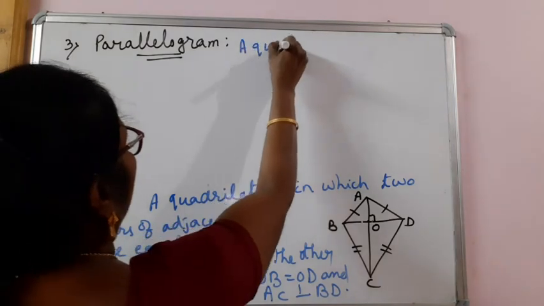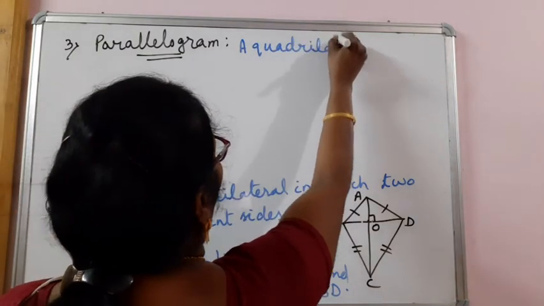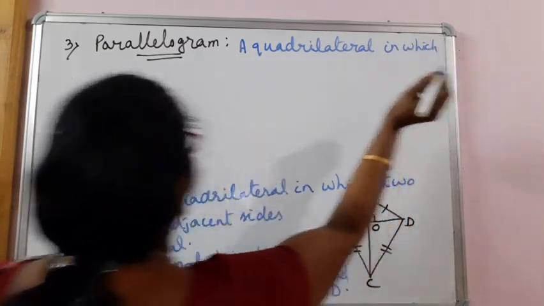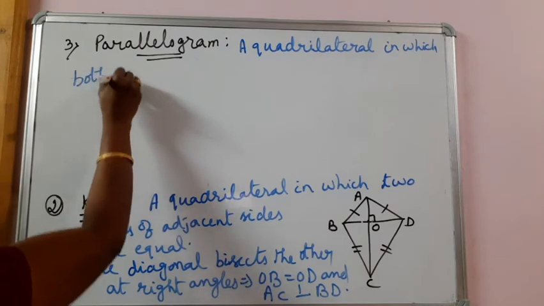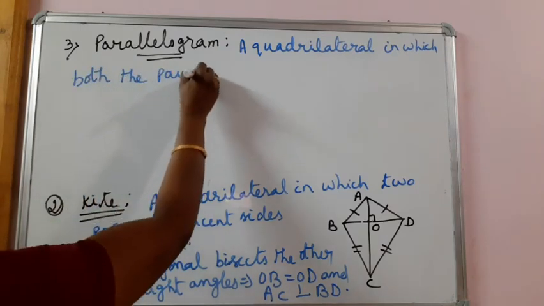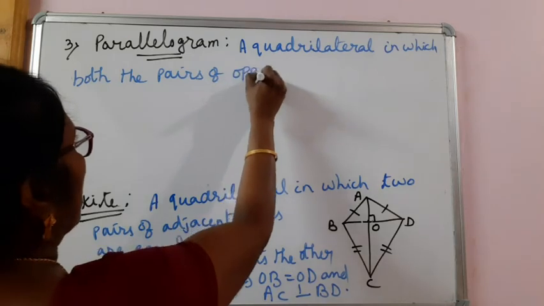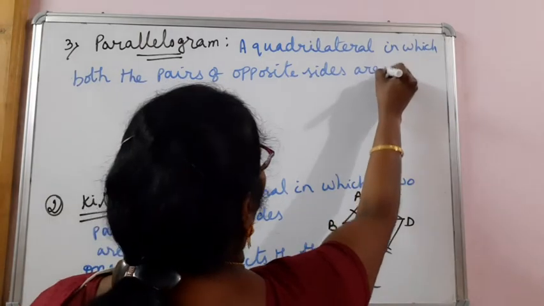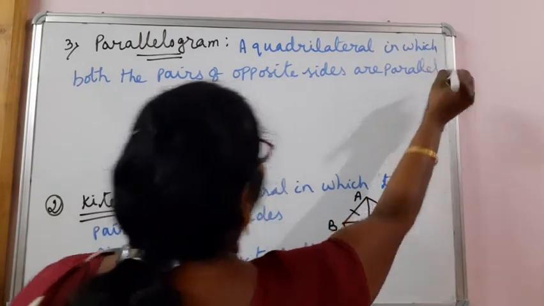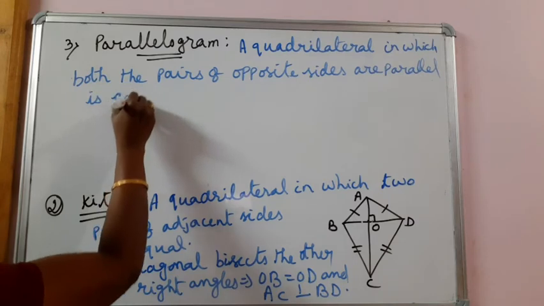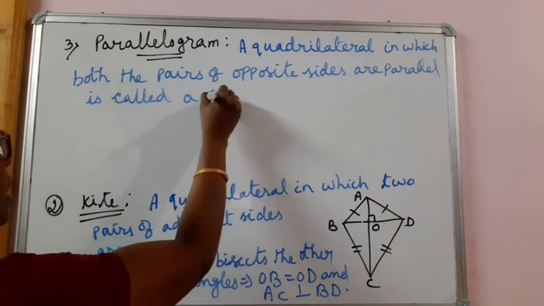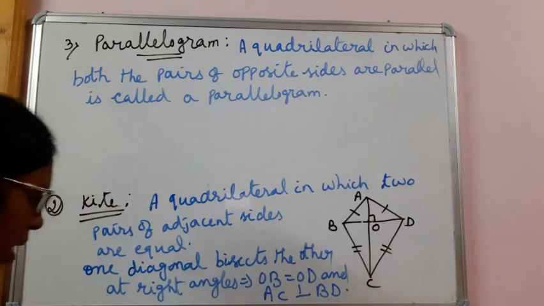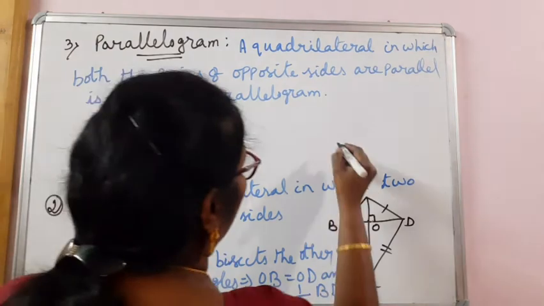A quadrilateral in which both the pairs of opposite sides are parallel is called a parallelogram. Let me draw the figure and show you.